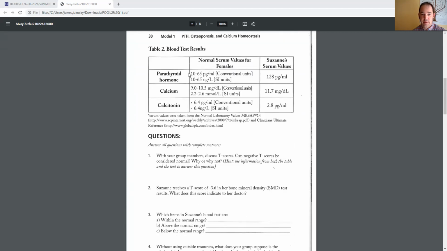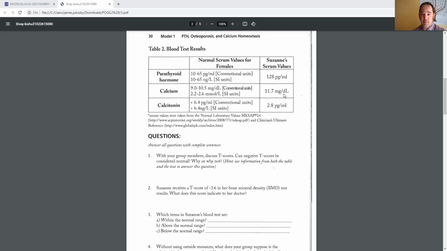Okay. And then if we look at things in her blood tests that are in the normal range, above the normal range, or below the normal range, we can see that parathyroid hormone is normally 10 to 65 picograms per mil. She's quite a bit outside that range at 128 picograms per mil.